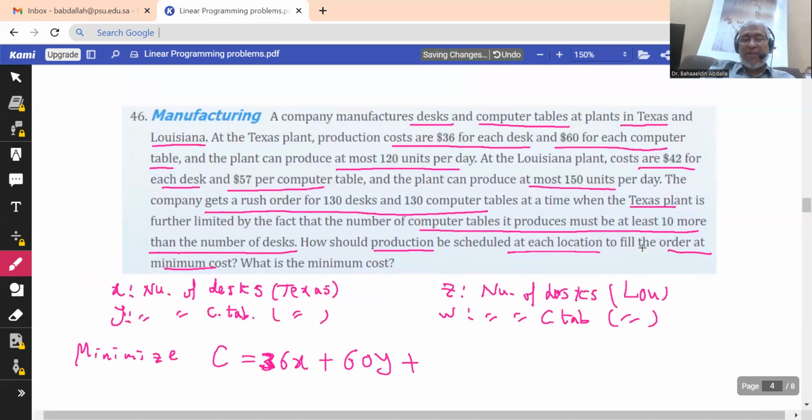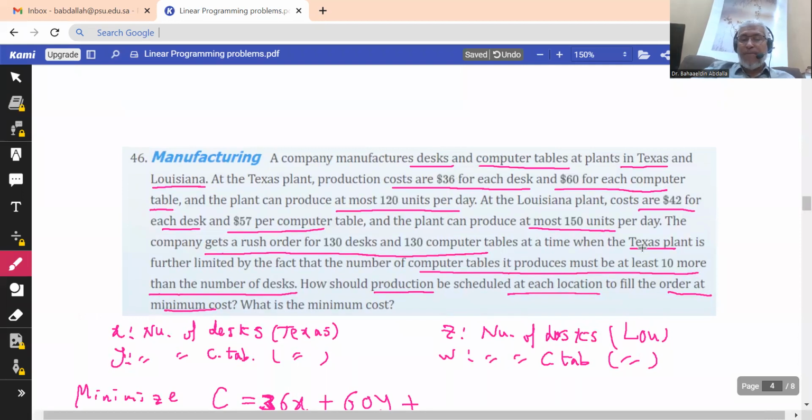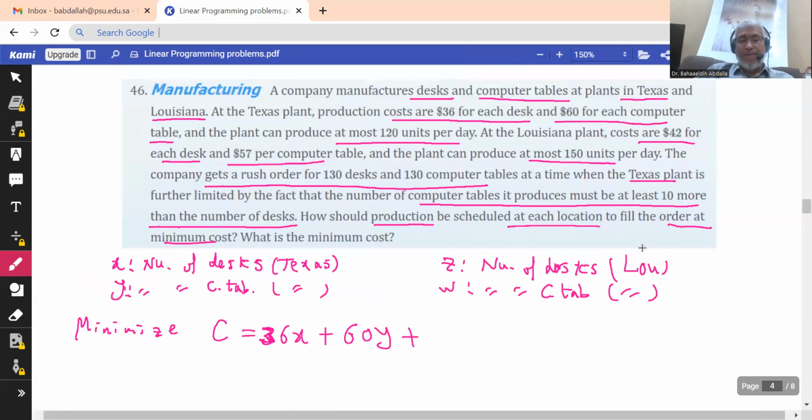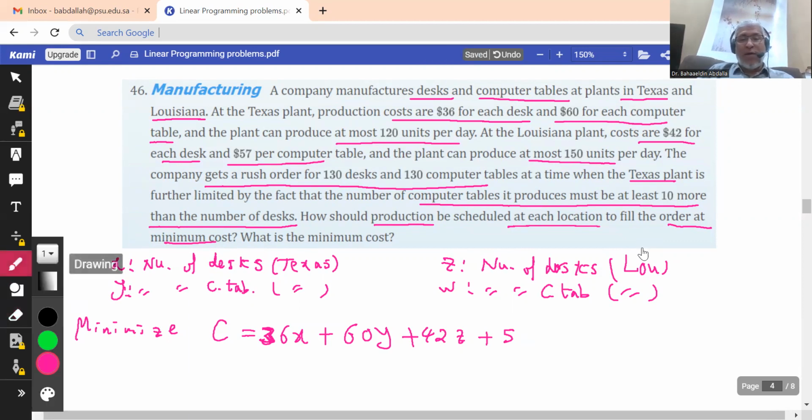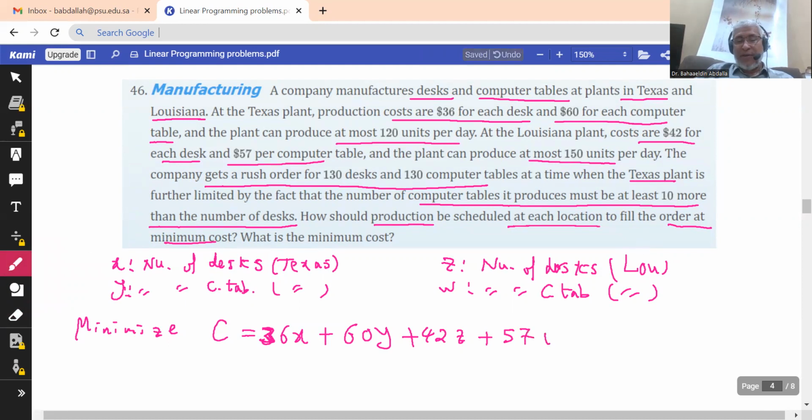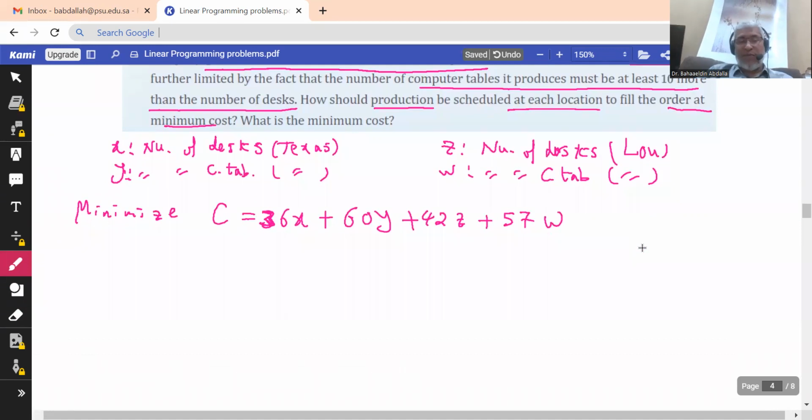For Louisiana, 42 for desks. It's 57 per computer table, and the number of computer tables from Louisiana is W. So 57 times W. This is the objective function.